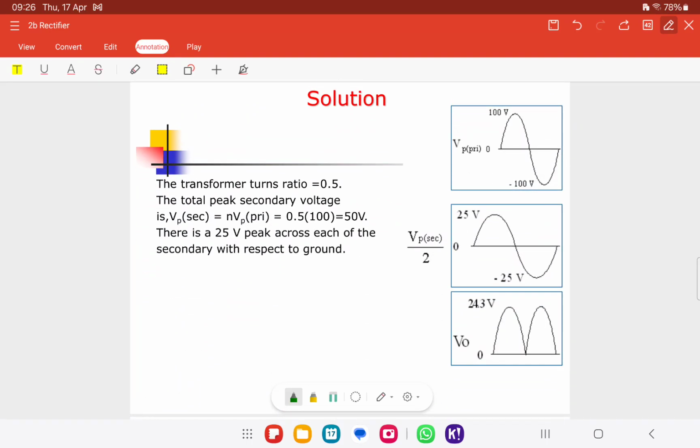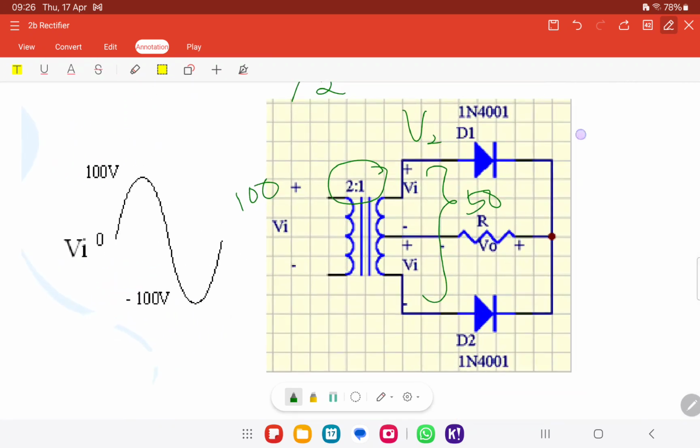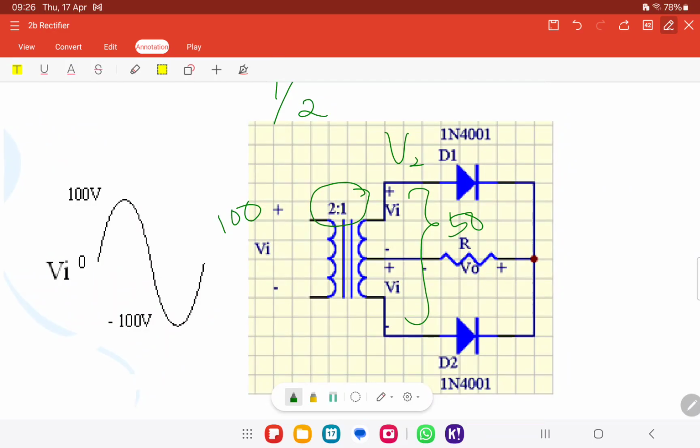Alright, what else? So the ratio from earlier is 0.5. If the primary is 100, then the output is 50. But we have 2 outputs, one on top and one at the bottom, meaning that each one here is 25.